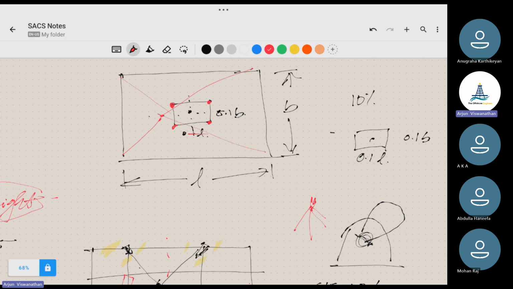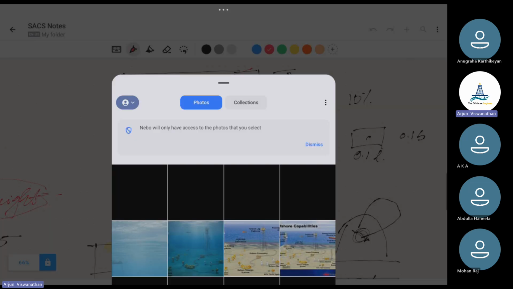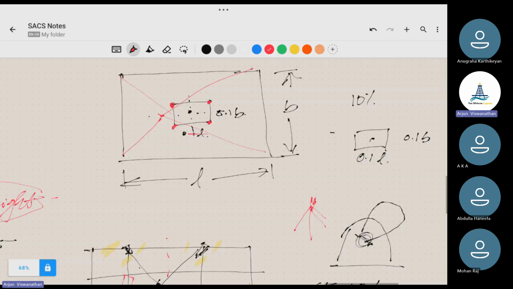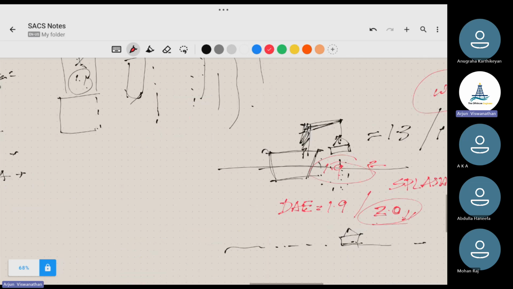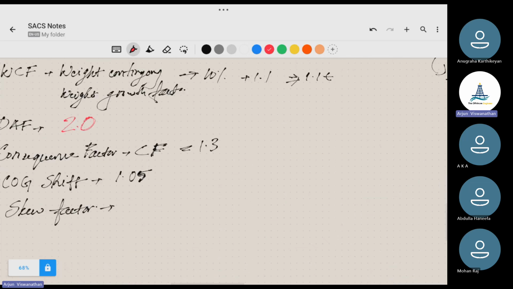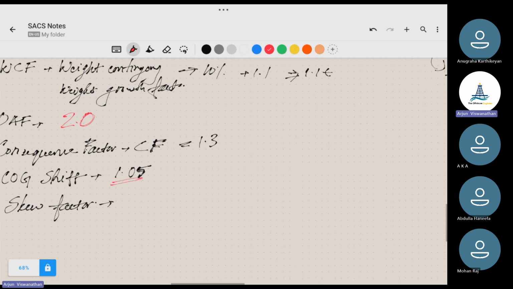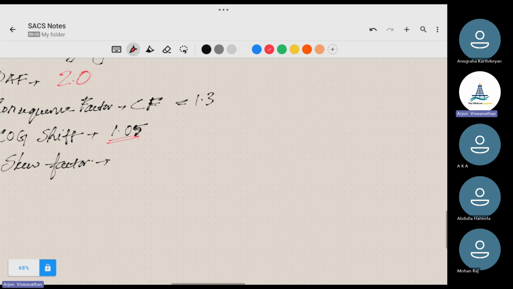But to tell them that anywhere in this envelope is okay, we need to do this particular analysis. That is the idea behind it. For now, let's keep the factor as 1.05, and we will do the actual COG shift once we finish the first lifting cases.